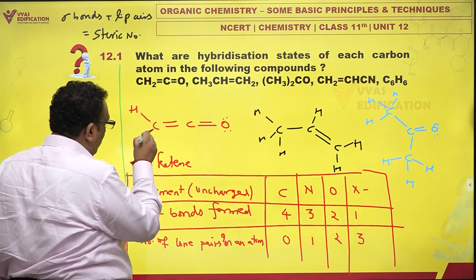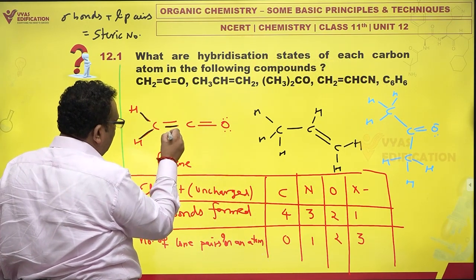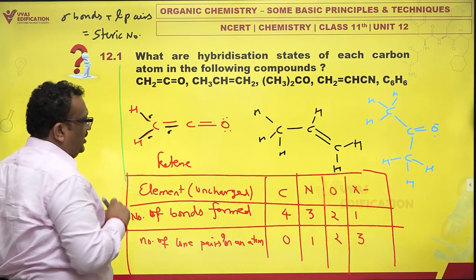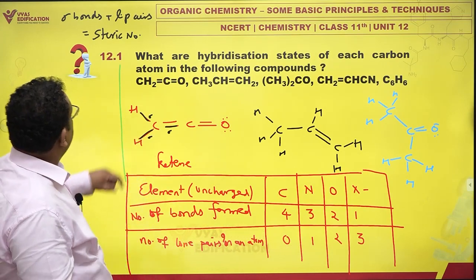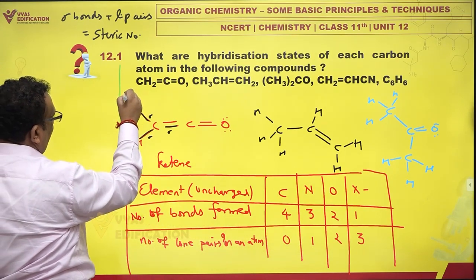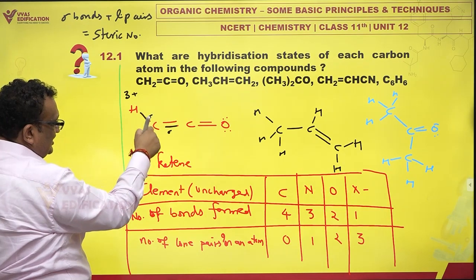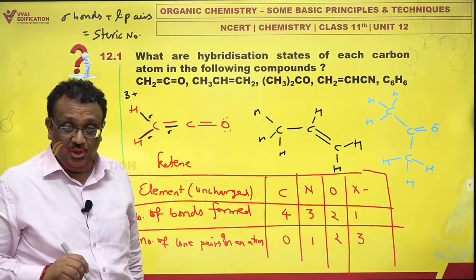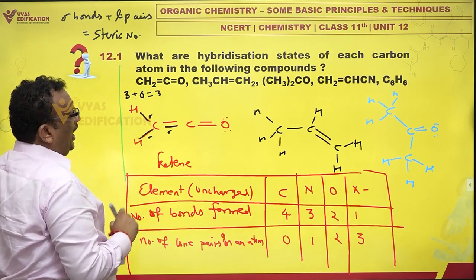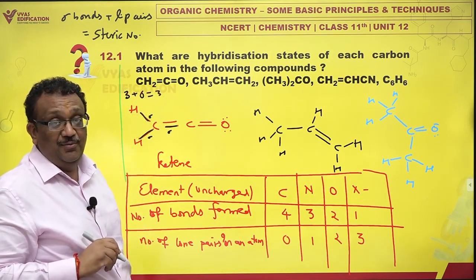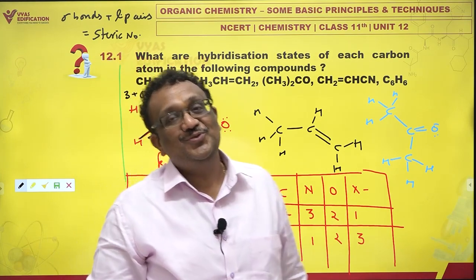So this carbon has 3 sigma bonds, and does it possess any lone pair of electrons? No. So steric number is 3. And with every steric number, a hybridization is associated.